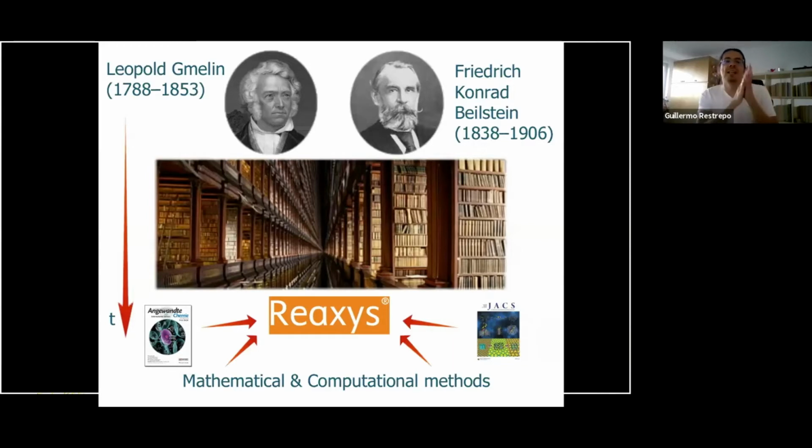But then, with the passing of time, the growing number of substances was huge, and fortunately in the 90s, all that information on substances and reactions was merged into one electronic database, which is called Reaxys. This database is nowadays owned by Elsevier.